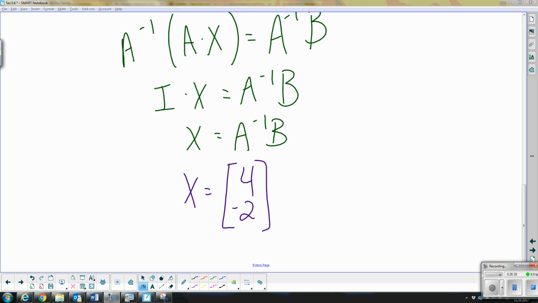When you compute that, you should get matrix X equals 4, negative 2. Now, what does that actually mean? It means that X is 4 and Y equals negative 2.